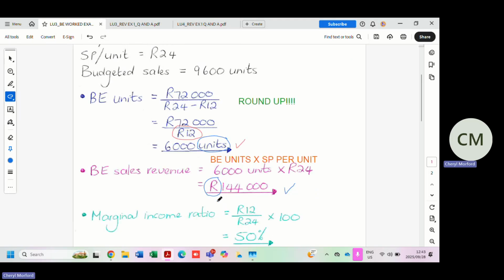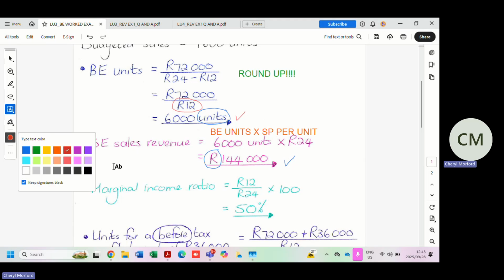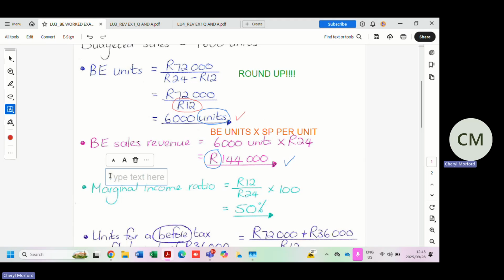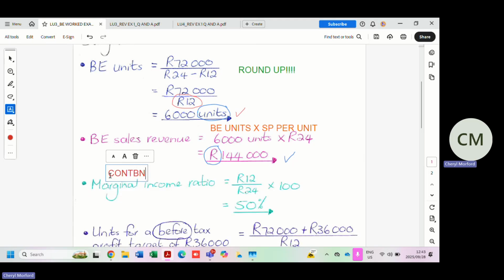There's also another way of being able to calculate your break-even sales revenue, and that is by using the marginal income ratio. Okay, I'll show you how both of them work. Another word, obviously now for marginal income ratio, it could be your contribution to sales ratio. Let's just abbreviate that. Contribution to sales ratio.